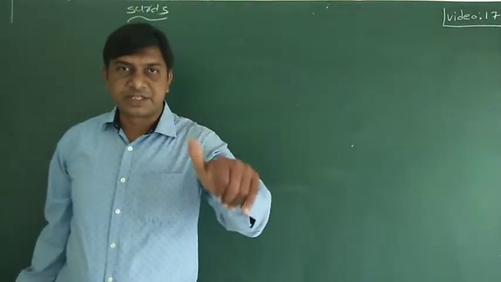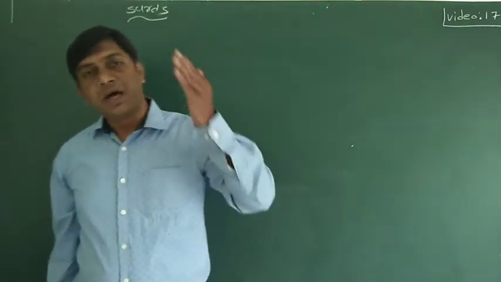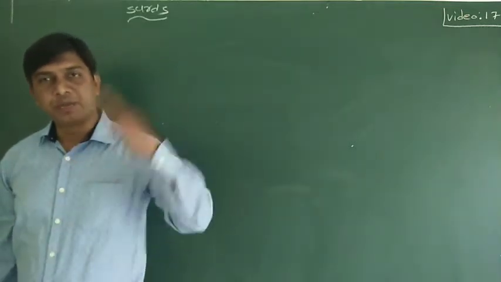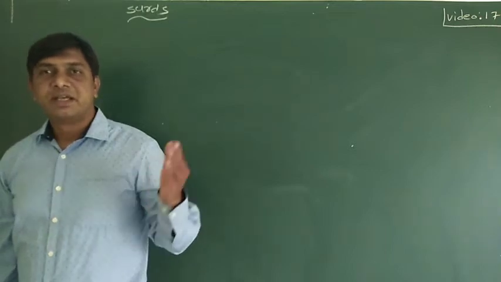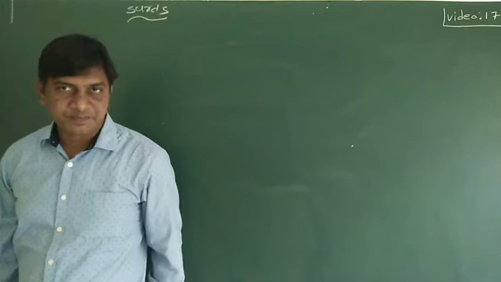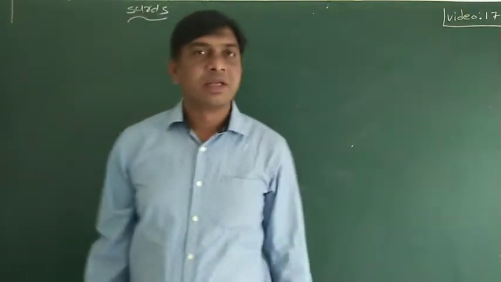Next, rationalization: what is the rationalizing factor, the conjugate of a surd, and how to rationalize the surd, numerator as well as denominator. And next we learned how to find the square root, and then the cube root also.